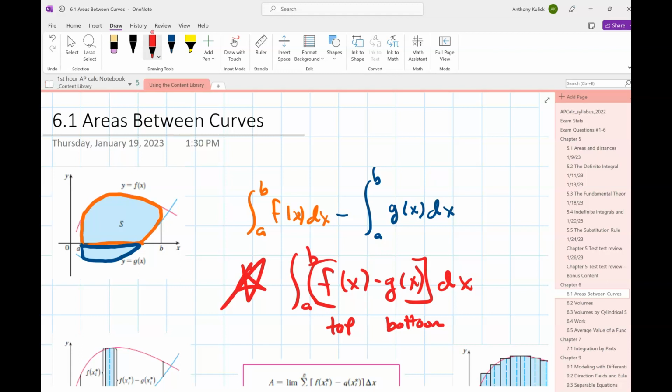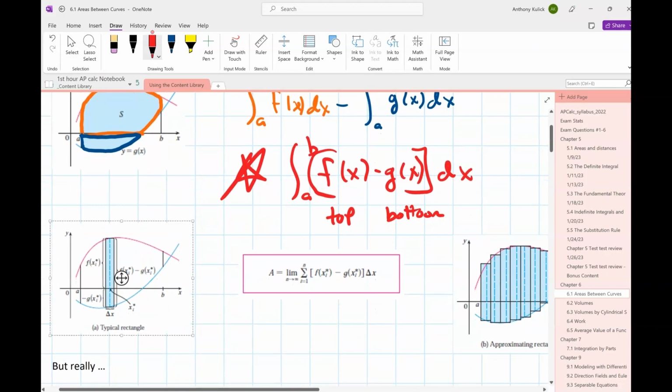Now, what is f of x minus g of x really talking about? If I relate this back to Riemann sums, because that's all this integral is, these infinitely narrow Riemann sums, correct?